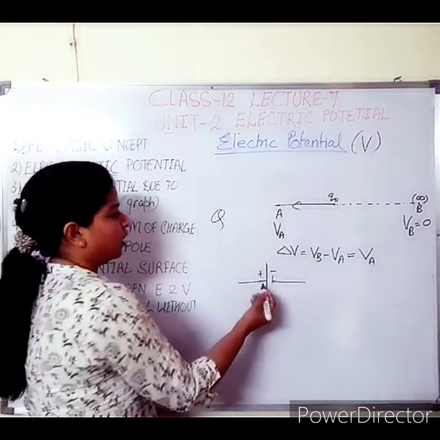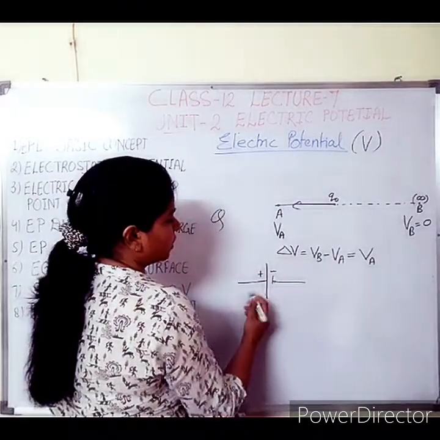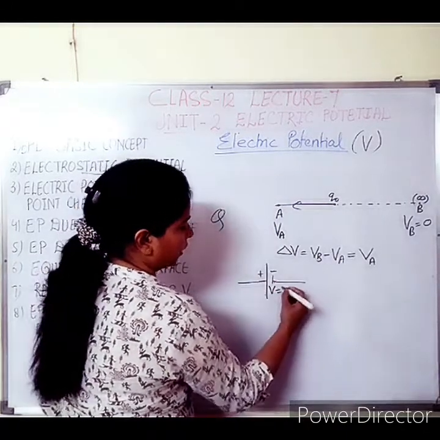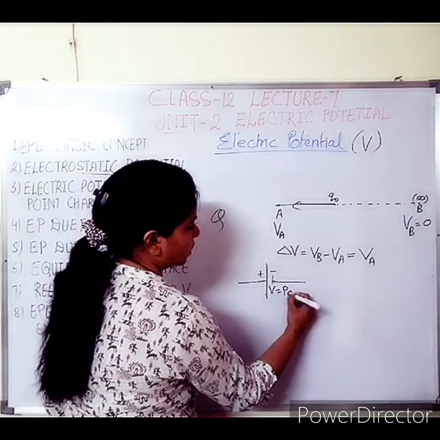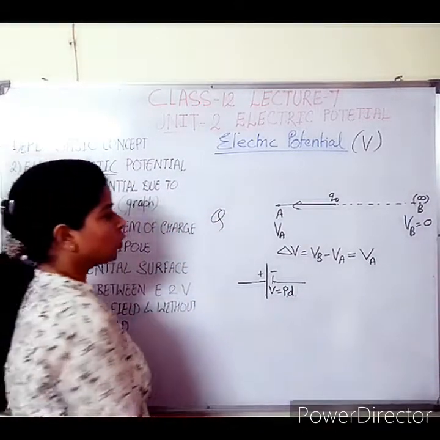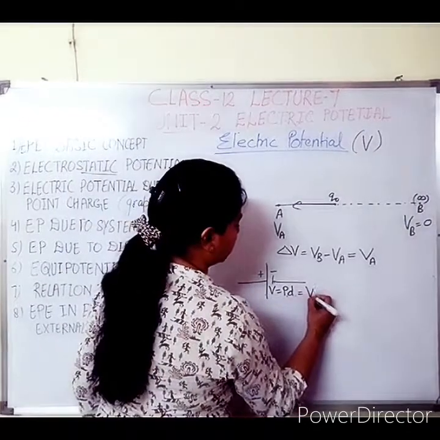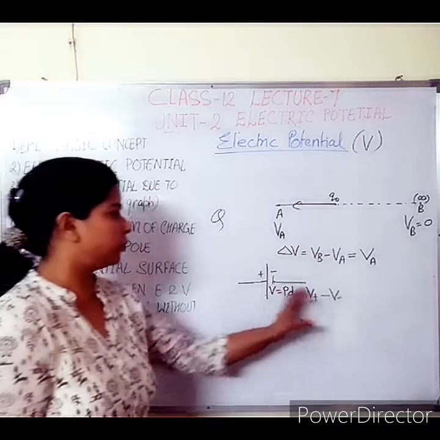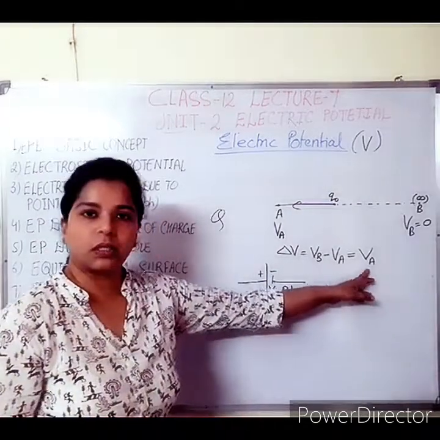So there is a potential difference between the two. Whatever the value of the EMF of this cell, that corresponds to the potential difference, in short written as PD. So potential difference is equal to the positive terminal value minus the negative terminal value. There is a difference of potential, not the potential.